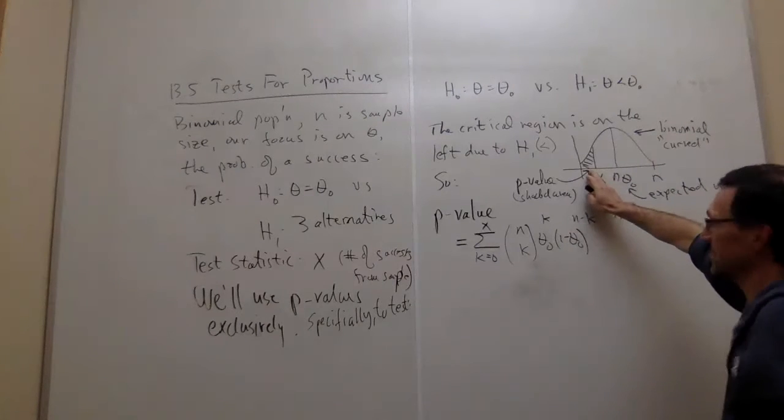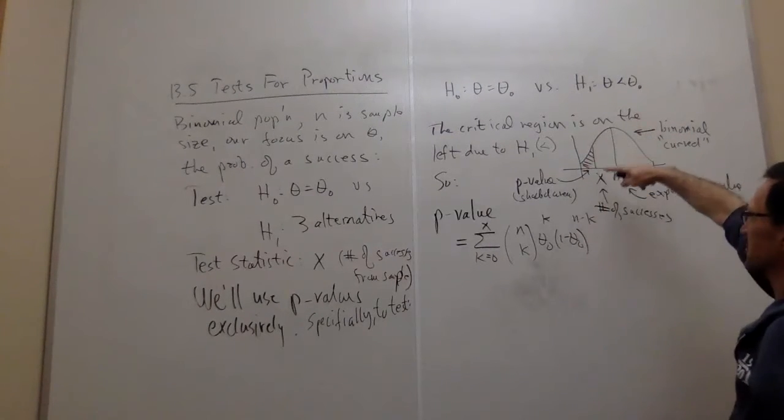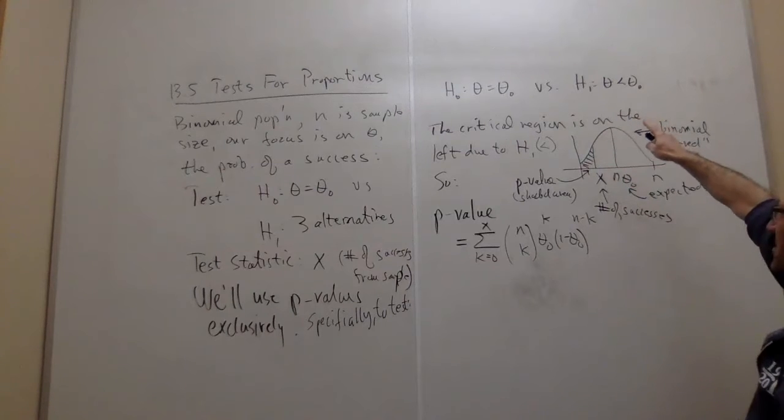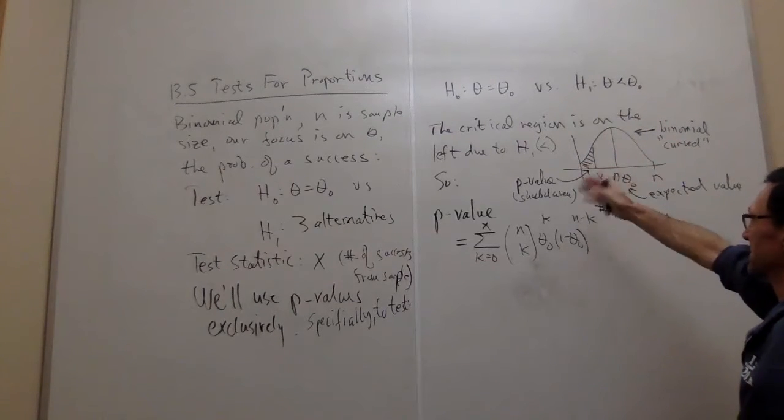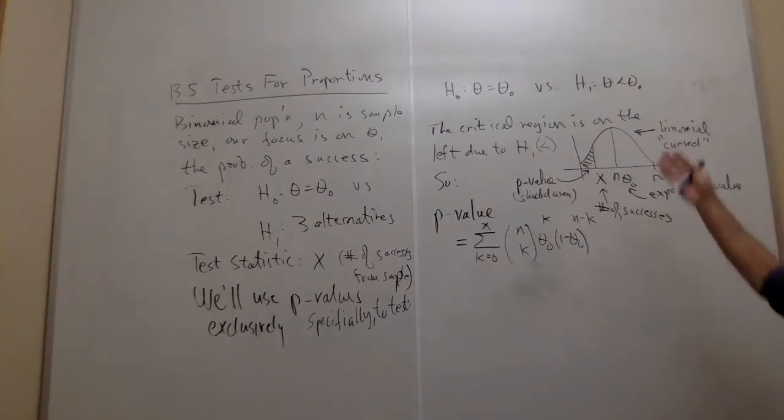And the p-value is going to be the probability of getting that value or more extreme. The extremity is determined by the alternate hypothesis. So more support for the alternate would be any value less than X. So the p-value is the shaded area. I drew it as a curve. We know the binomial is discrete, and so really it's a bunch of bars underneath there. You can see I wrote curved in quotes there just to let you know it's an approximation.